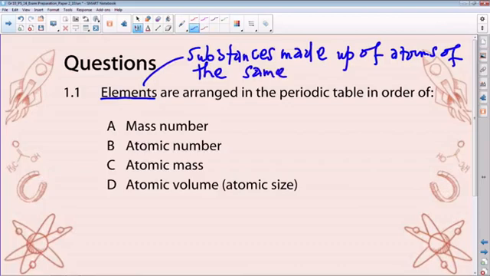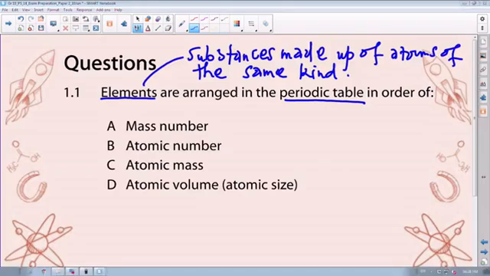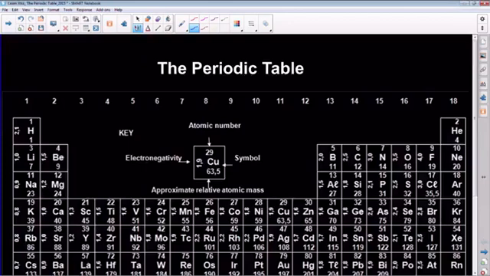Hence, we talk about the periodic table of elements, right? So they are arranged in the periodic table. If I can draw your attention a little bit to the periodic table. This is what we have as far as the periodic table. So as you can see, there is the periodic table. Now the symbols have been used, right? So this is element number 1, number 2, 3.